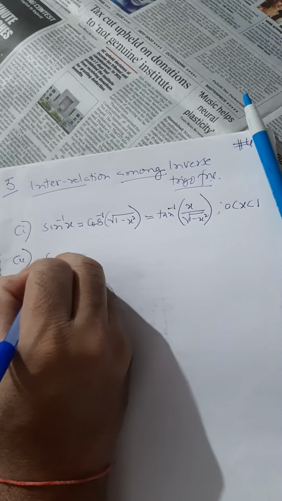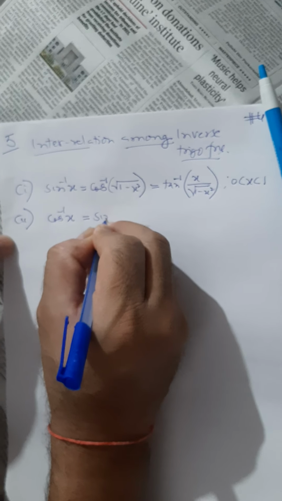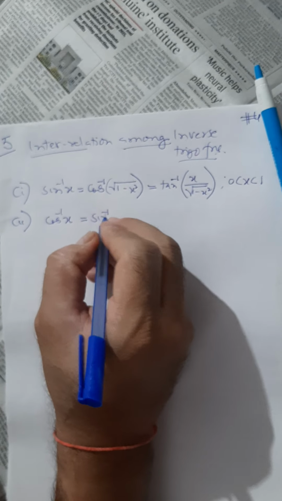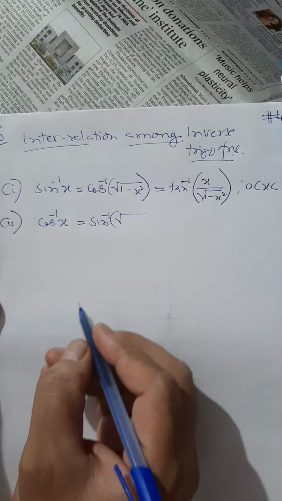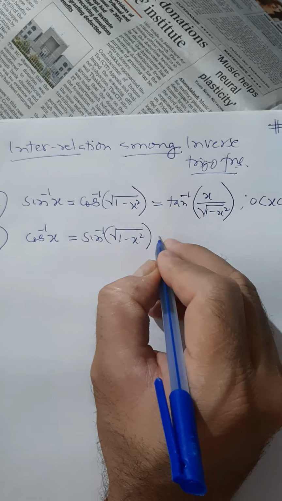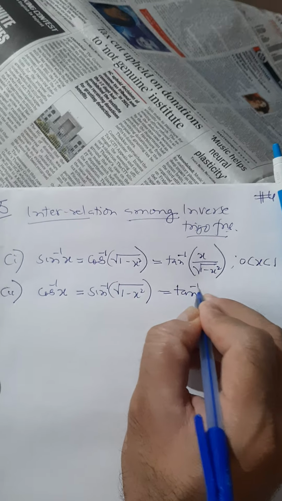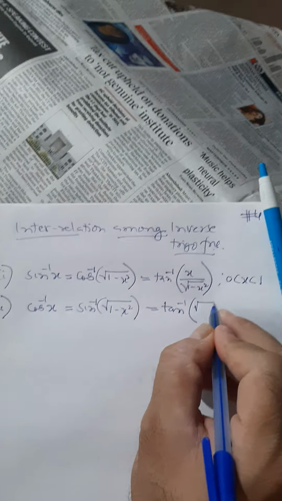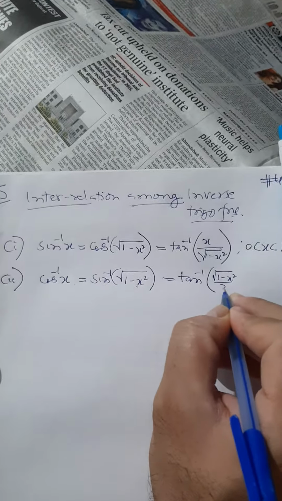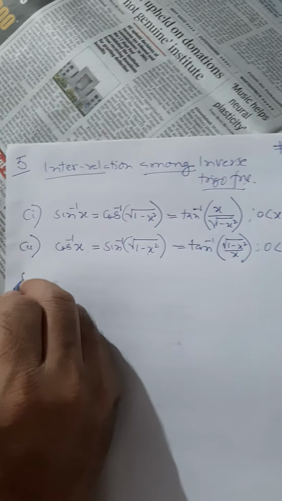Second one, cos inverse x, which you can write in the form of sine inverse. So we have sine inverse of root of 1 minus x square, and which you can also write in the form of tan inverse. Here it is this upon this, which is root of 1 minus x square upon x, and x is again between 0 and 1.